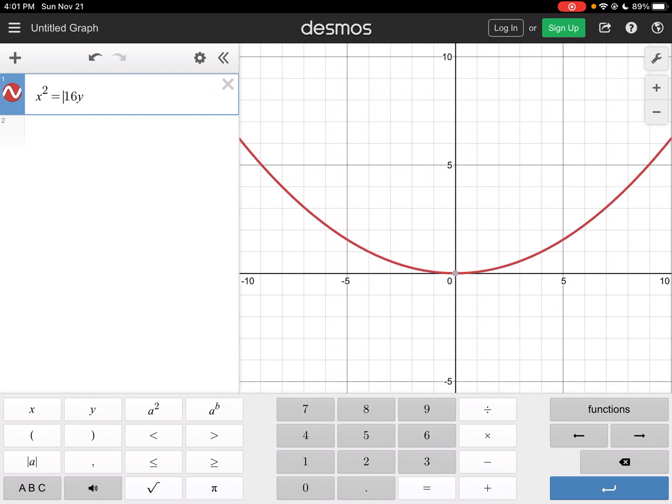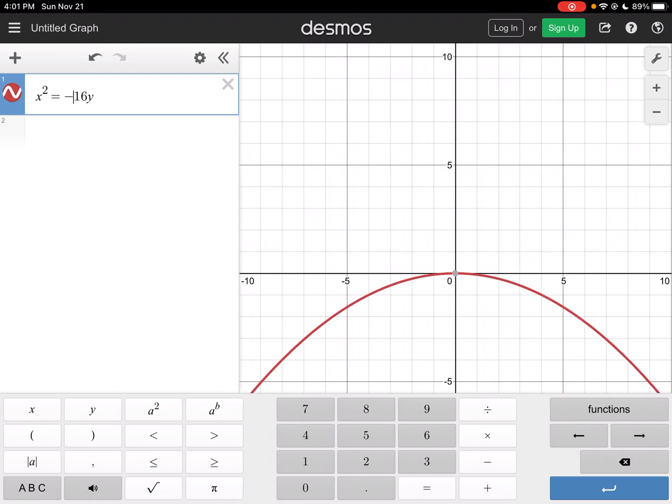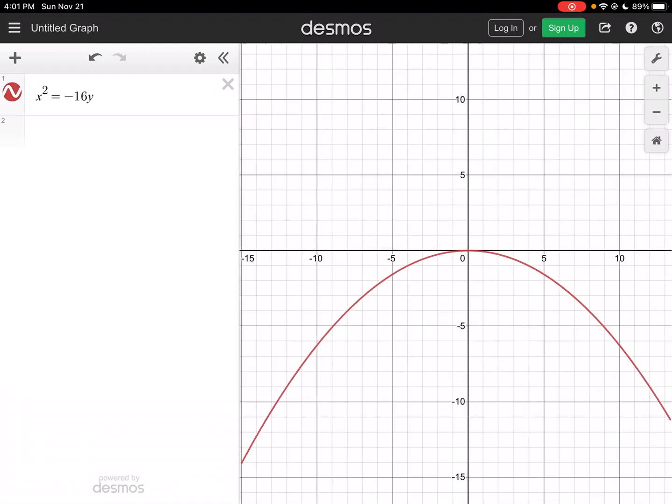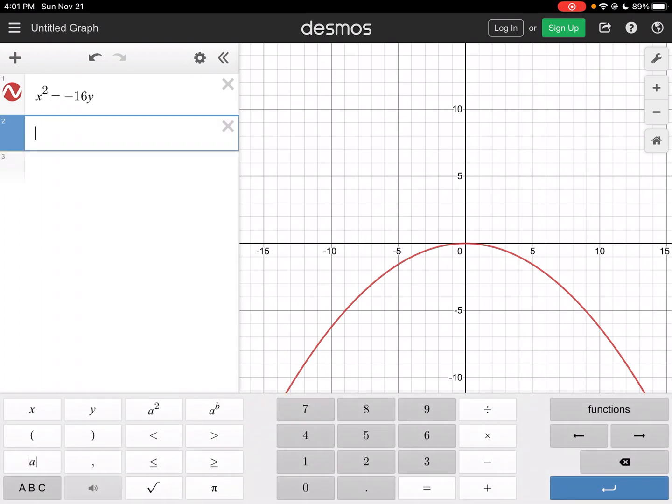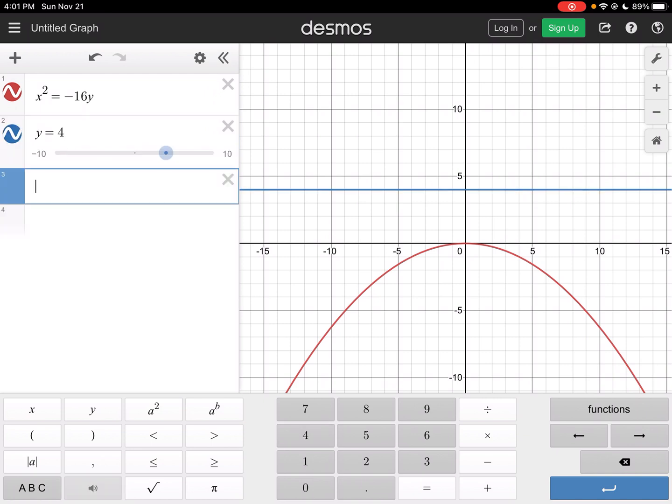I forgot my negative there. Negative 16y. So now we can see that. Now, let's plot our directrix and our focus. So our directrix is y equals 4. And my focus is at 0, negative 4. And there we have our parabola, exactly what it should be.